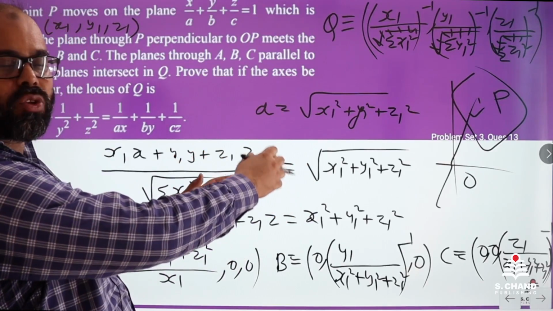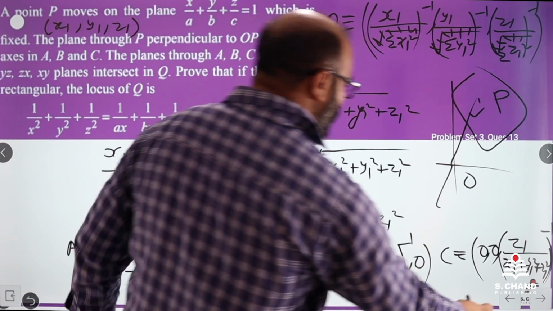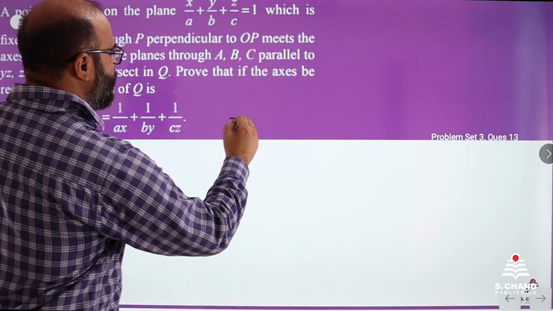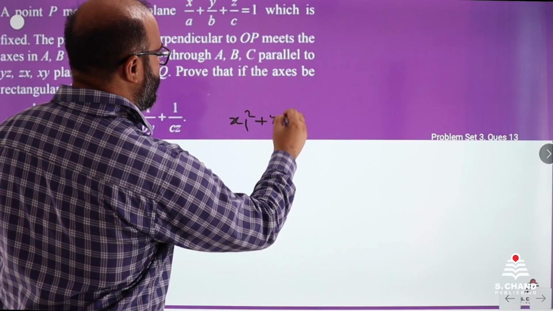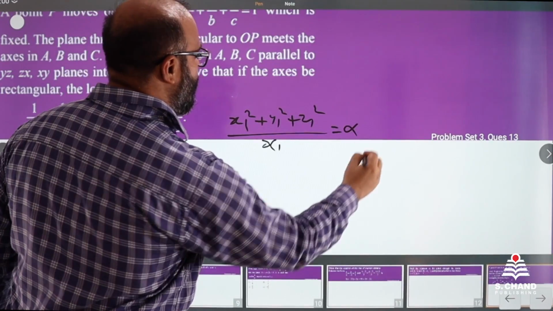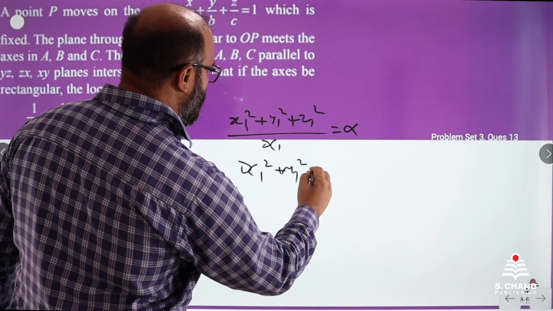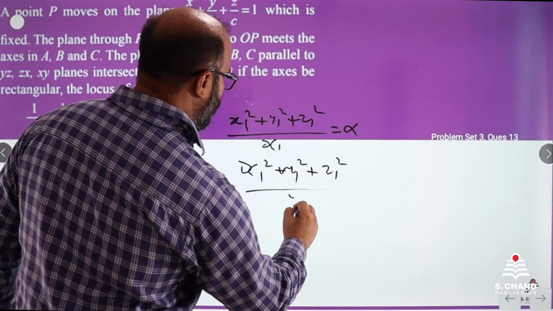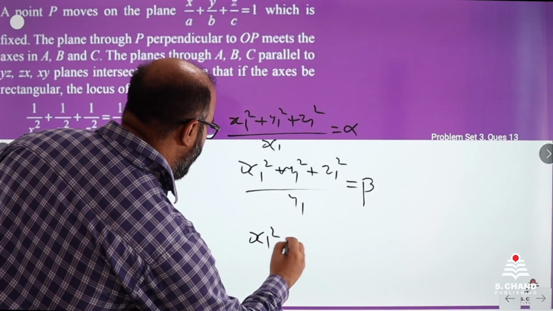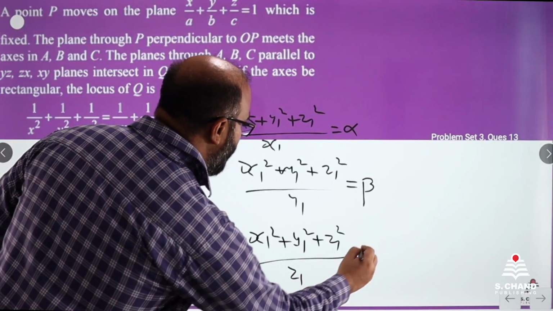So now I'm saying that x1 square plus y1 square plus z1 square by x1 is alpha, and x1 square plus y1 square plus z1 square by y1 is beta, and x1 square plus y1 square plus z1 square by z1 is gamma.